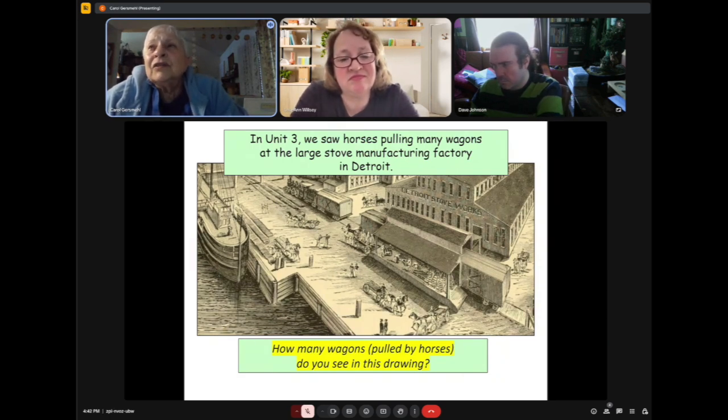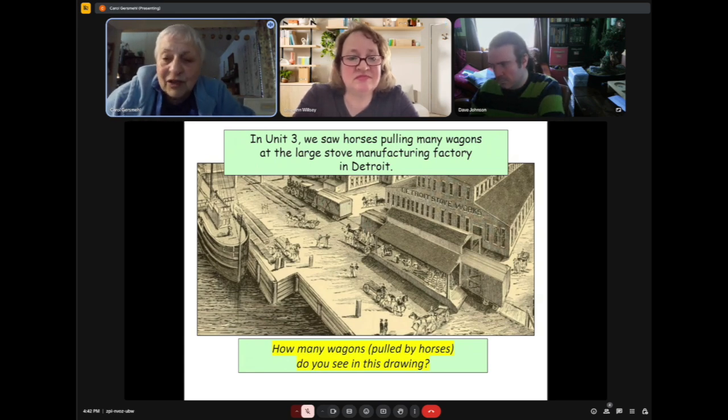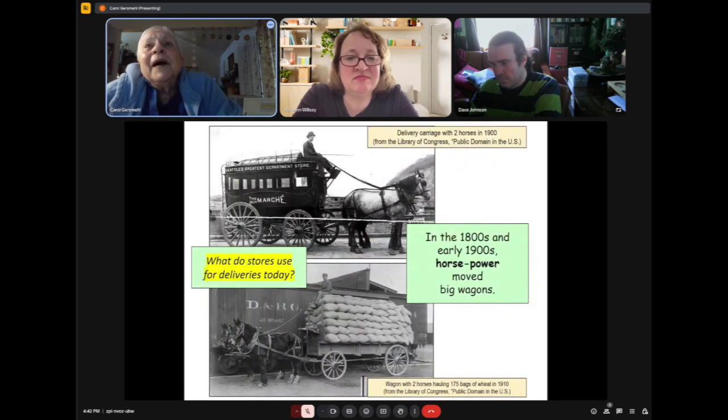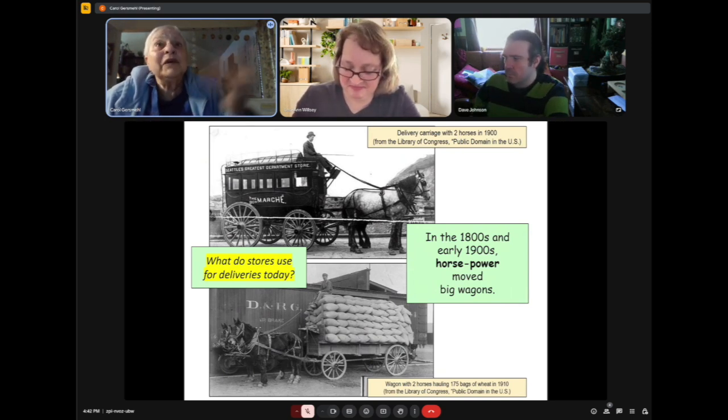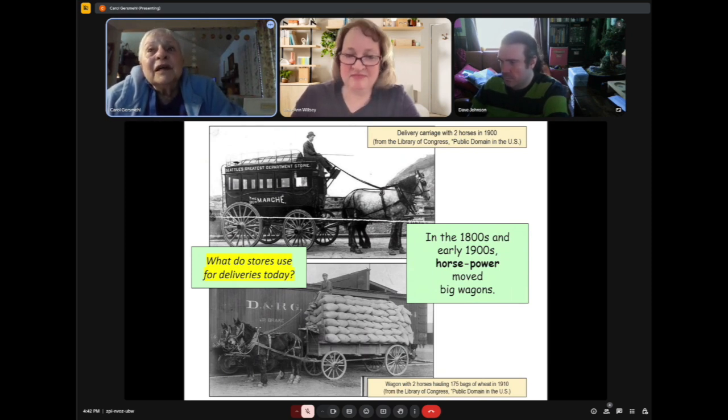I think I counted at least 7 horses, teams of horses pulling carts in this. It's just like we have Amazon deliveries coming to our front doors today. In the past, the way to get a delivery from a big department store was by horses pulling the cart.